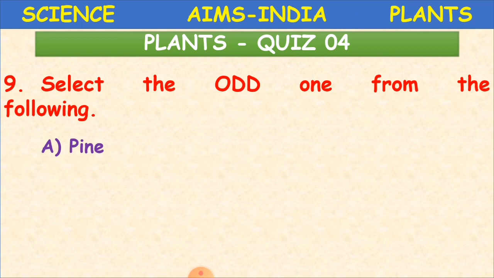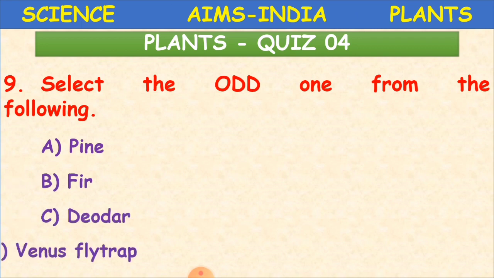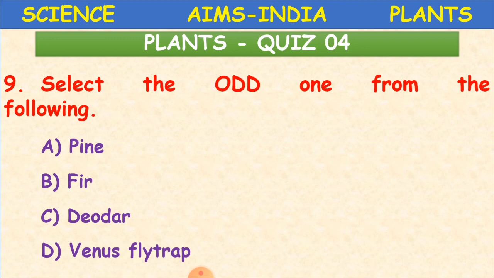Select the odd one from the following. So here also we have to select the odd one. Pine, fir, deodar and Venus flytrap. So now you have to see which type of plants they are. Pine, which type of tree, children? Evergreen plant. Fir, same.